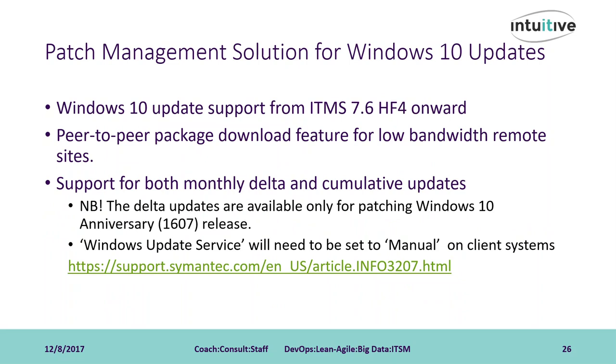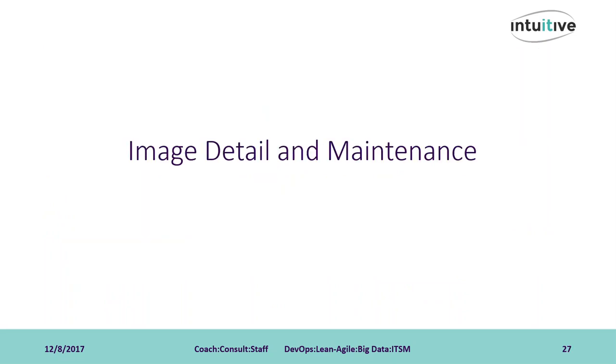The second caveat is that the client systems should have their Windows Update service set to manual for the software update cycle to finish successfully. We've seen in certain circumstances, if it's set to automatic, the machine will hang or reboot inadvertently. Again, this is to stop that client from updating outside of patch management solution by using Windows Update.